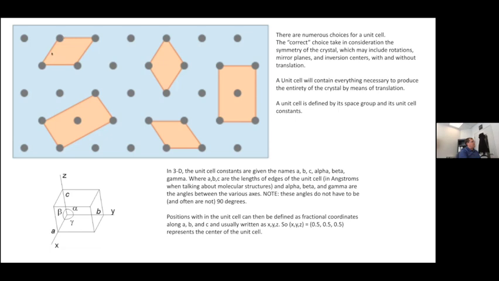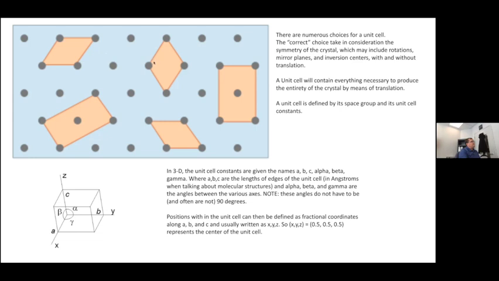If we translate it over to the right by the length of one of these vectors between spots, it would overlap. And the contents in this parallelogram would be equivalent to the contents that would be in this imaginary parallelogram that's not drawn to the right of it. And that translates throughout the entire crystal.